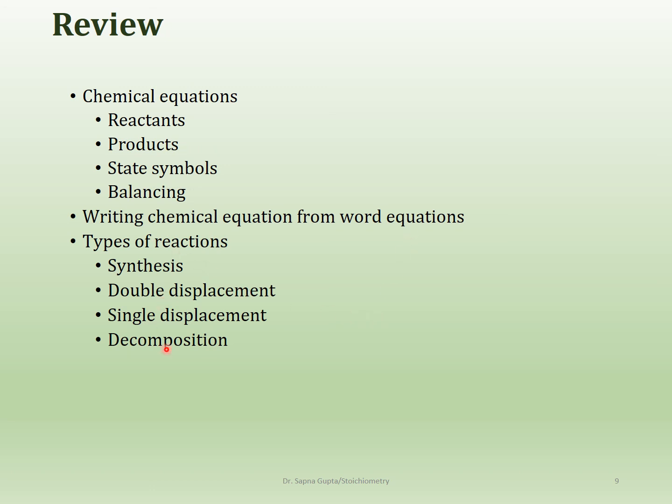And then there are 4 types of chemical reactions: synthesis, double displacement, single displacement, and decomposition. Either I will say that this is a synthesis reaction, or I will just say these two are reacting to give this, classify the reactions, something like that. So make sure you do all of this stuff. Hopefully it's not too much for this little PowerPoint.